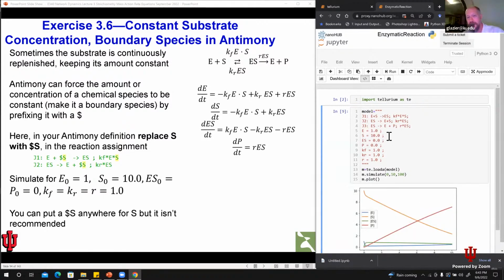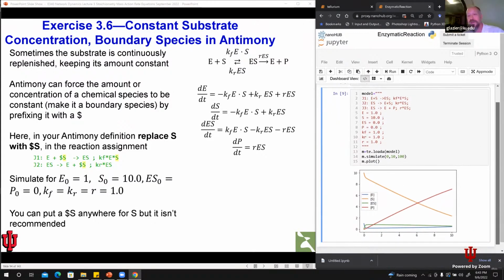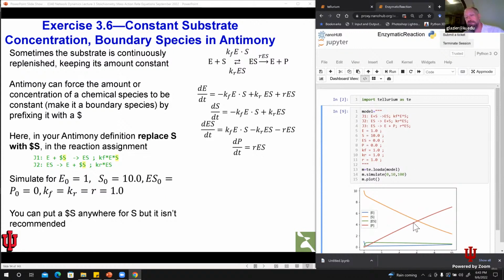Okay. Well, sorry, in this first one, the product doesn't go to infinity because I'm going to run out of substrate. If I run it for long enough, I turn all of my substrate into product and the reaction stops.